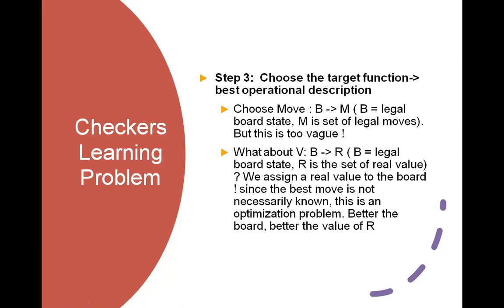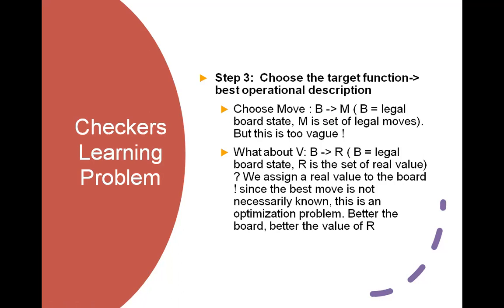Each and every pawn, if you place it in one place or another, will make one board state, so similarly a lot of board states will be there. For each board state, there will be a lot of possible moves. So ChooseMove is nothing but B to M: among the given set of board states, it may take any move. That is the target function. If you are currently in some position, what move are you going to make?